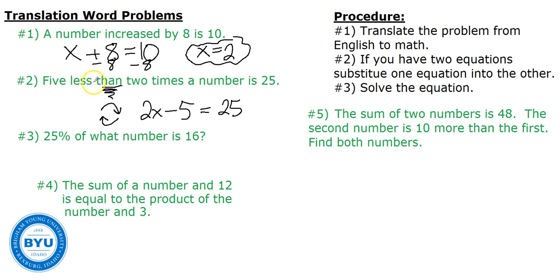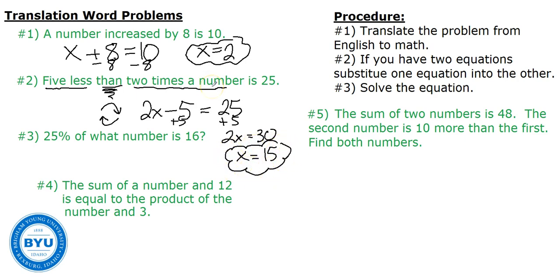Remember, anytime you see the word less than or more than, that word than means to put this part first, then do this part. So we've got 2x minus 5 equals 25. We got to solve for x, so we plus 5 to both sides. I get 2x equals 30. Divide by 2 to get x equals 15. That's our answer for number 2.